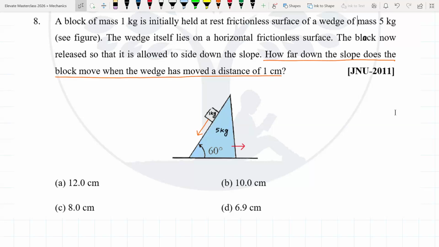So it's horizontally how much it has shifted. I have taken it as x. So 1 plus x plus 5 is equal to 0, because I have initially put the center of mass equal to 0. And the center of mass is at 0 for the wedge, right? According to your calculation, you have taken the center of mass to be 0 with respect to the wedge, not with respect to the block.